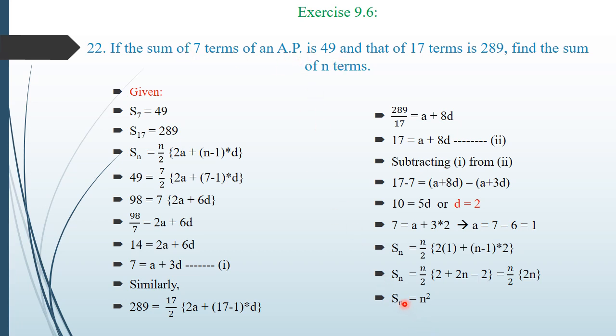Similarly, if in place of n I put 17, that is the sum of 17 terms, again here also I'll replace n by 17. 17 square is 289 here. Again, that is also given, that is S17 is equal to 289. Therefore, this formula is valid for any number of terms in this AP. Therefore, the generalized formula to calculate the sum of n terms of this AP is going to be Sn equal to n square here.